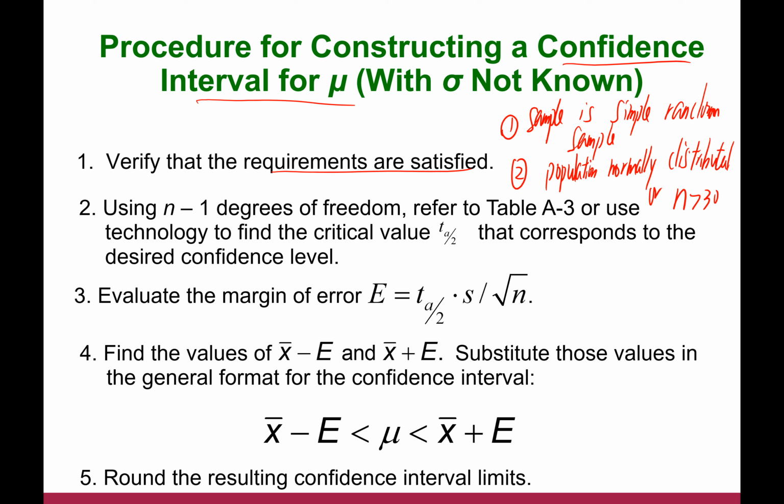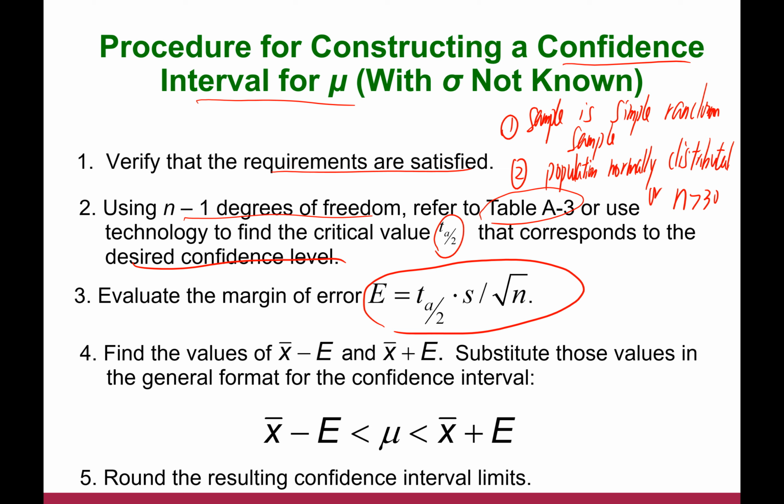Now use n minus 1 as the degree of freedom. Refer to table A3. The alpha is always given once you know the confidence level. Find the critical t-score corresponding to the desired confidence level. Evaluate the margin error using the formula: margin error equals critical t-score times sample standard deviation over square root of sample size.